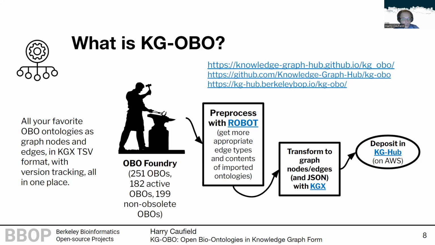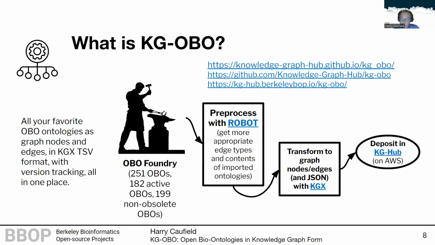In brief, essentially what we've done is we've taken the OBO Foundry ontologies, so most recently about 250, 251 in total. Not all of them are actively updated right now. But we do some extensive preprocessing with the ROBOT tool, as well as with KGX, that's the knowledge graph pipeline that we use to transform these graph representations of OBO ontologies into node and edge files, as well as JSON.